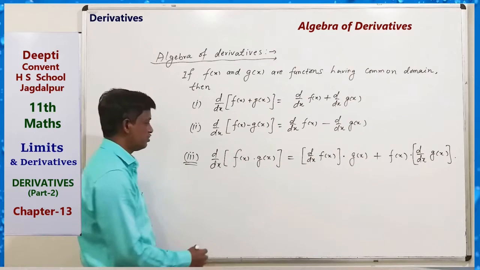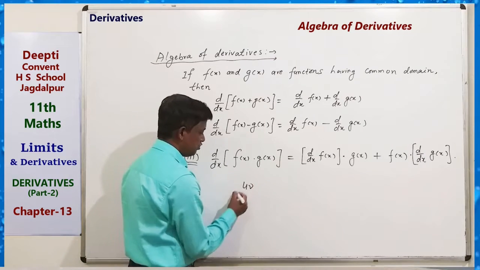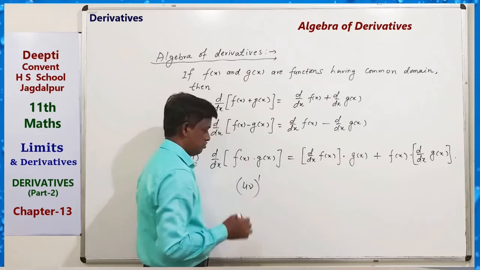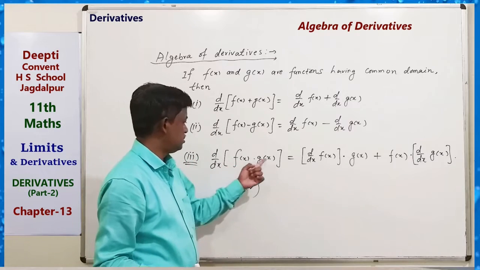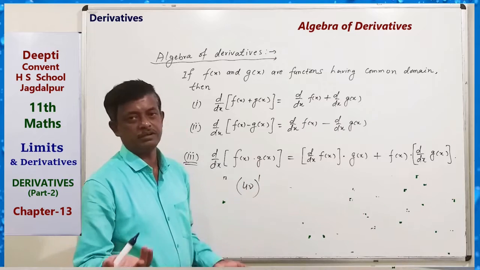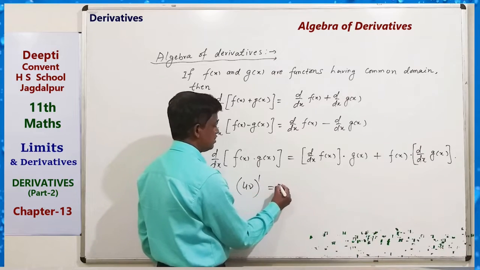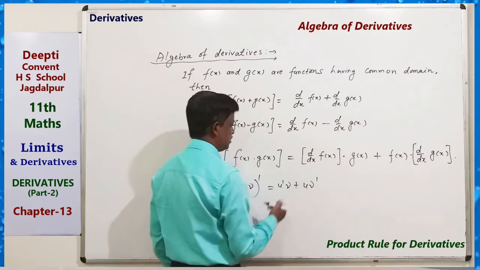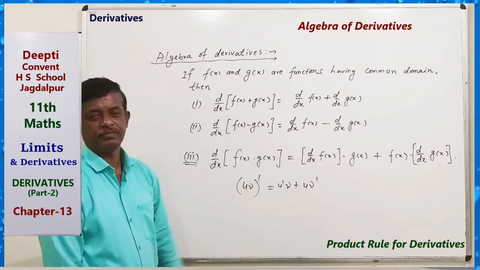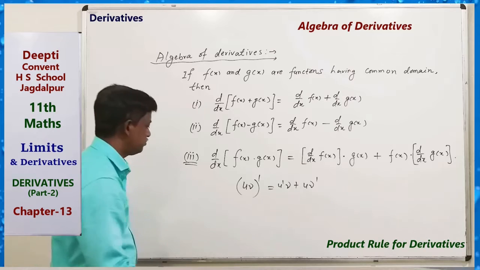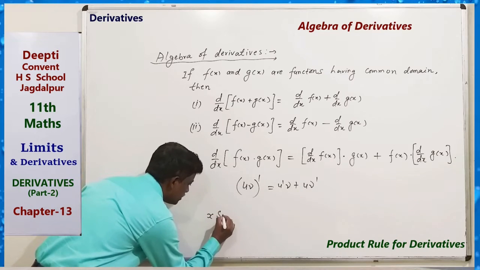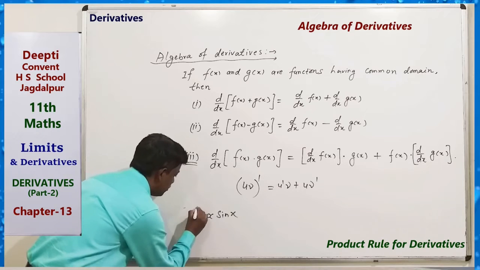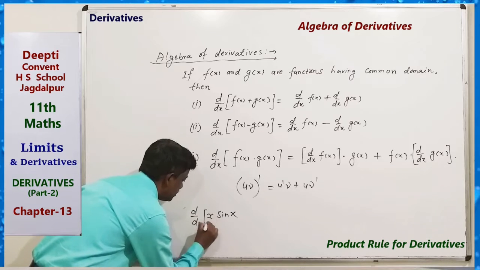That is, in short, we can write u and v for two functions, suppose. Then we can write the derivative of u v, just this is u, this is v: (uv)' can be written as u'v plus uv'. In short, you can write like this. Just like, see, x sin x. This is a function, and we want to differentiate it.